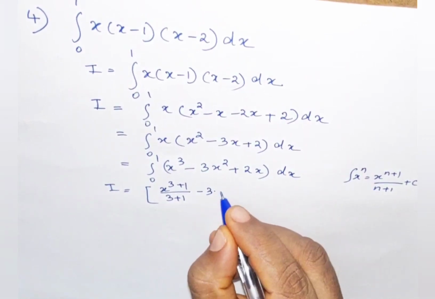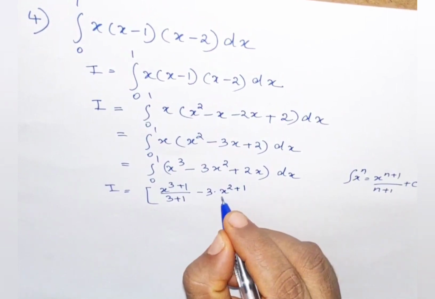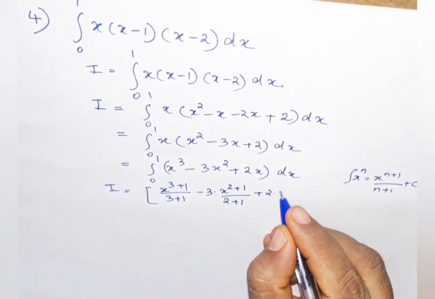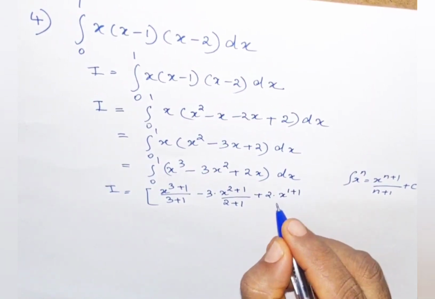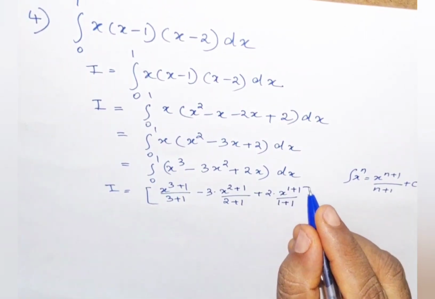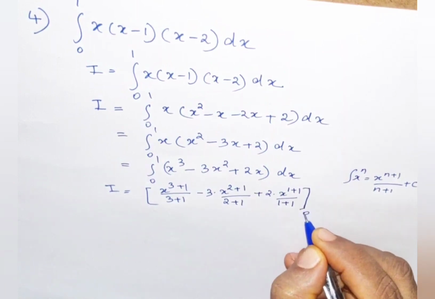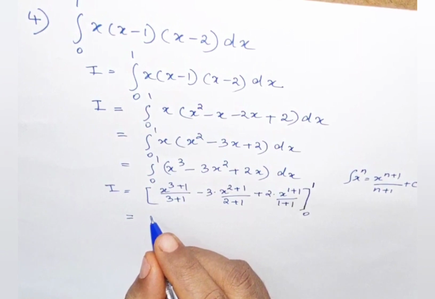Minus 3 is a constant, so we write 3 into, when we apply the rule to x^2, it becomes x^(2+1) by 2+1. Plus 2 into, 2 is a constant, so let us write 2 into, and x means x to the power of 1, so x^(1+1) by 1+1. Let us write the limits in the bracket, 0 and 1. 0 is our lower limit and upper limit is 1.